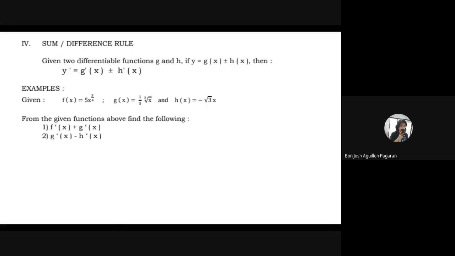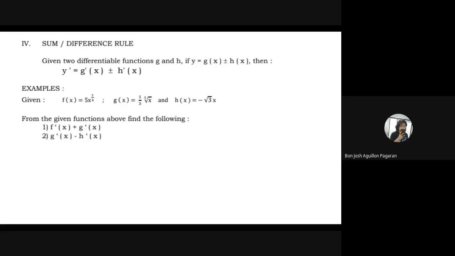Now let's go to the, wala na po nagsa-type ng tanong ano. The sum and difference rule. Given two differentiable functions g and h, if y is equal to g of x plus or minus h of x, then y prime is equal to g prime of x plus or minus h prime of x.